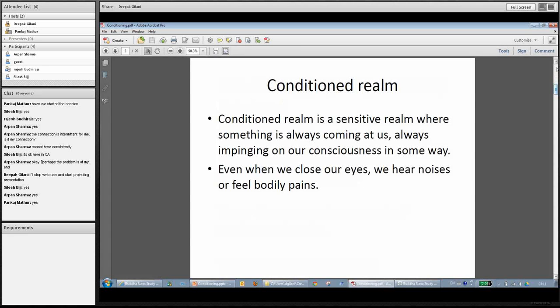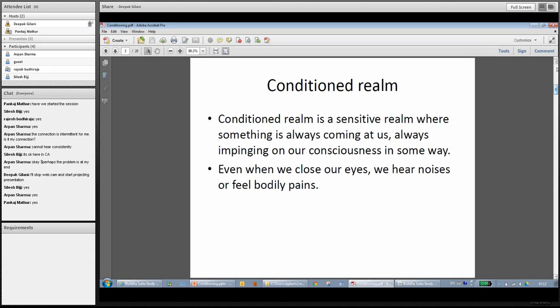The conditioned dream is this realm where we are conscious, and in this realm we are, as a living being, a sensitive being.